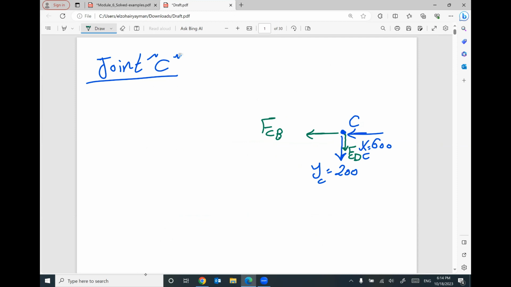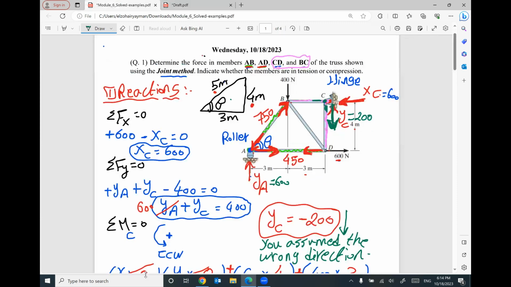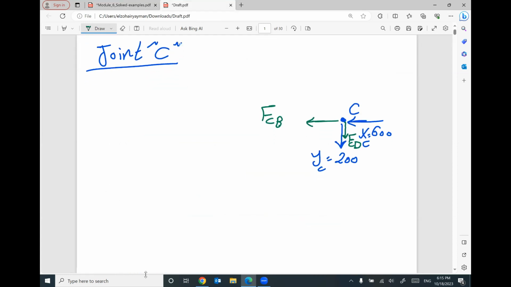These are all we have at C. One more time: this member, this member, this reaction coming down, and this reaction coming to the left. Anything else intersecting at C? No. This is your joint C.